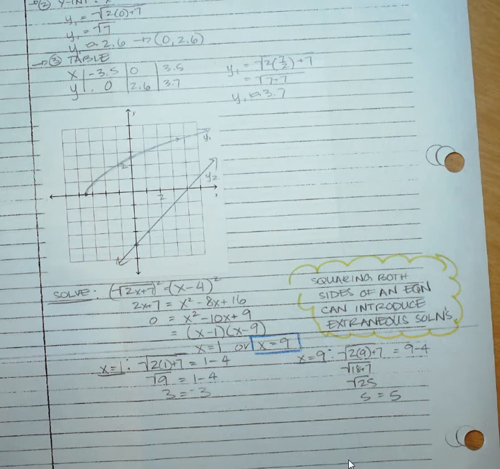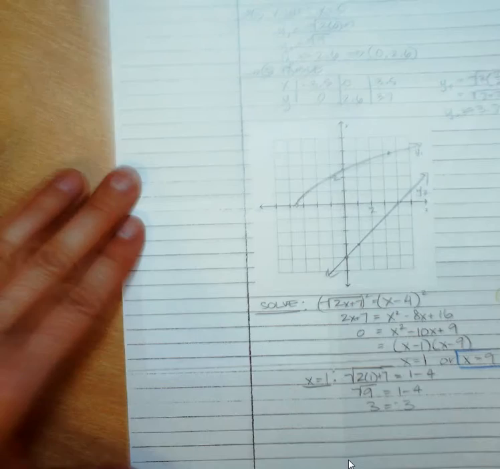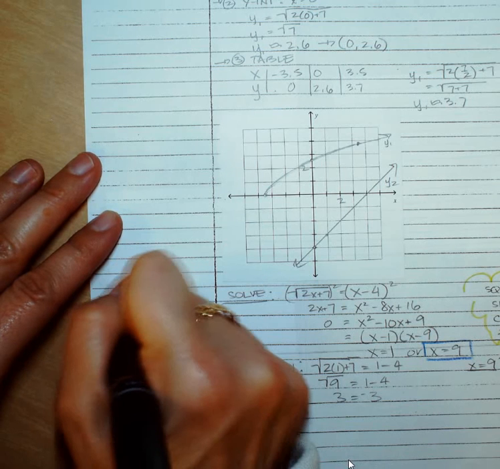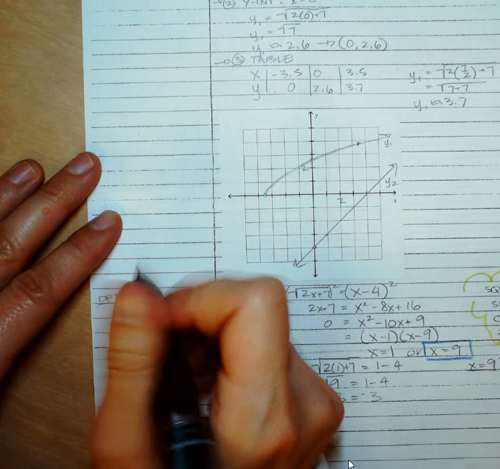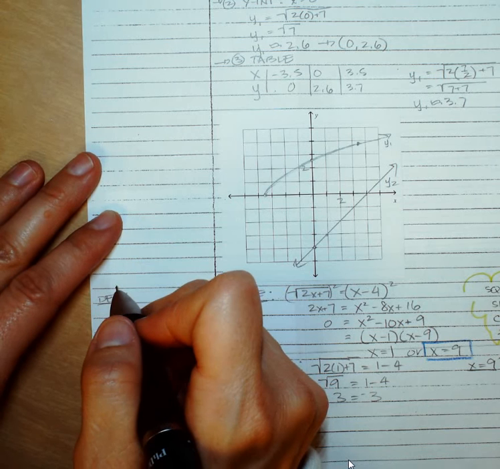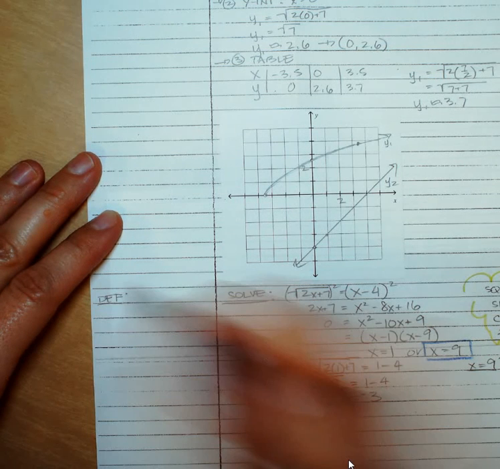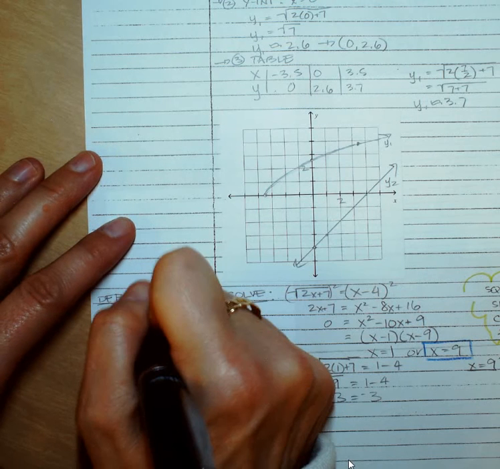So, what is an extraneous solution? An extraneous solution is just a solution that's not really a solution of the original equation.